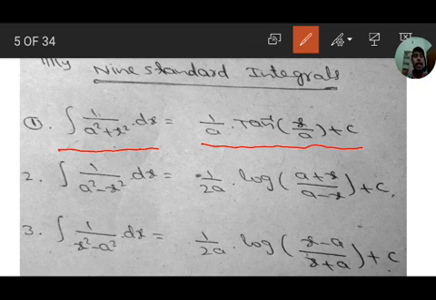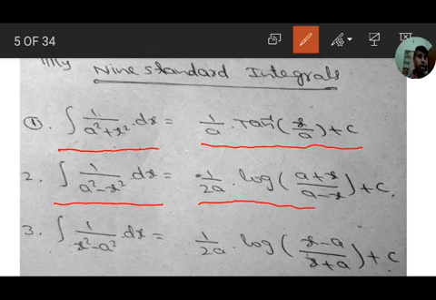Similarly, integration 1 by a square minus x square dx equals 1 by 2a into log of a plus x by a minus x plus c.